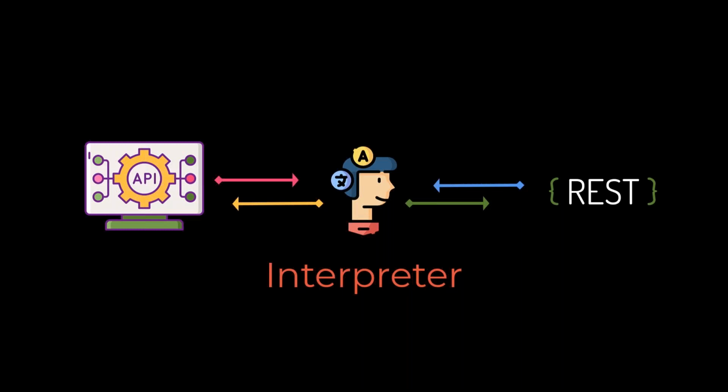So we're coming to the premise of my presentation here: the microapp interpreter. In essence, what we're going to do is this. If we have RESTful API requests, in other words, we're talking to a system that has the ability to converse in REST, it's like if everybody speaks English, it's easy.